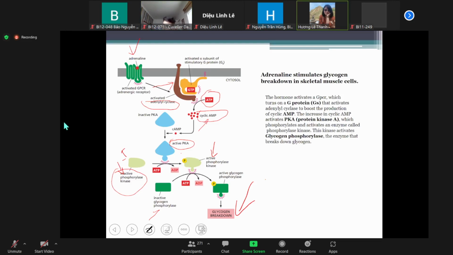Like, you know, when one injects adrenaline into your veins, this kind of process happens immediately. So it seems very complicated, but it happens very quickly.